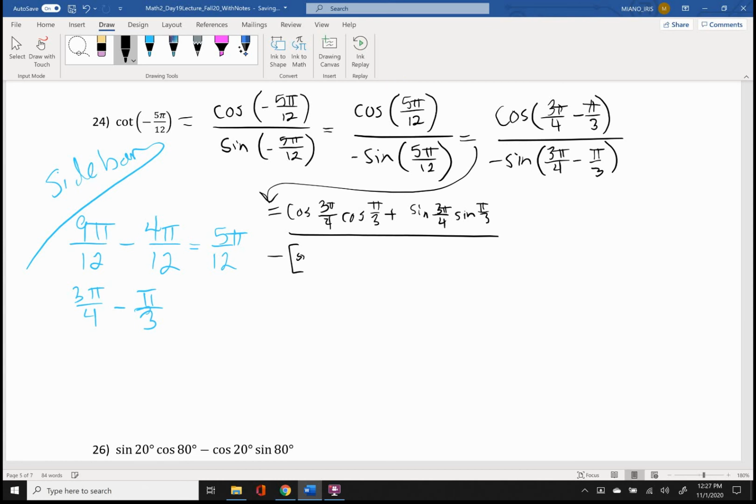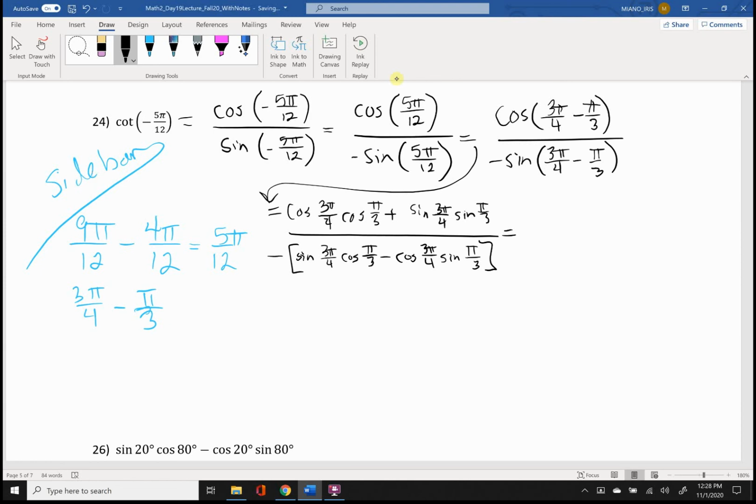So that'll be sine, cosine, cosine, sine. Okay, and just checking my notes, make sure I got that all written down correctly. Okay, yes. And so now we're ready to replace all of these cosines and sines with their outputs.